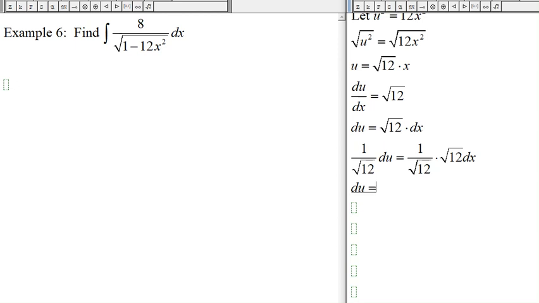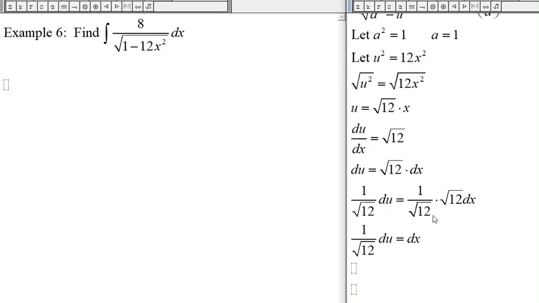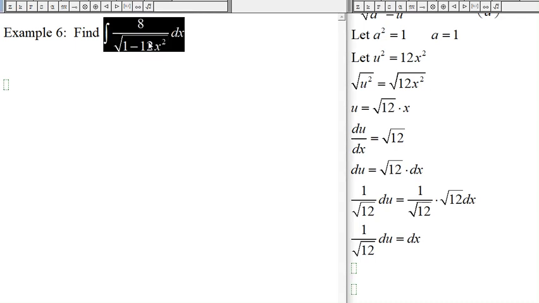So we have du times 1 over the square root of 12 is equal to dx. And now we're ready to make the u substitution.